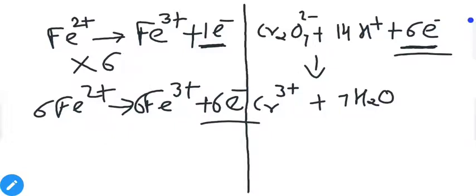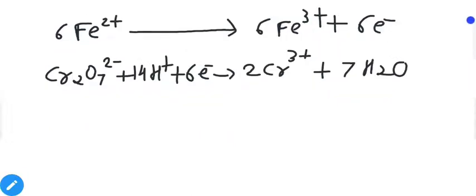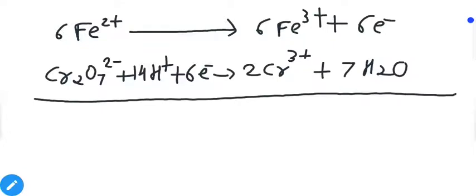And in the sixth step we will combine both of the reactions. So these are our two half reactions, and now add both of them to each other. So let's put all the reactants on the left hand side, all the products on the right hand side, and common values on both sides will be cancelled out.